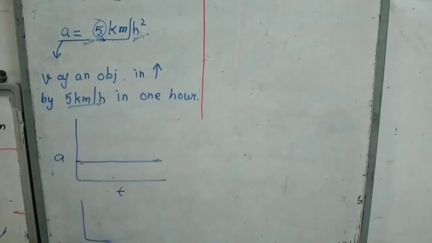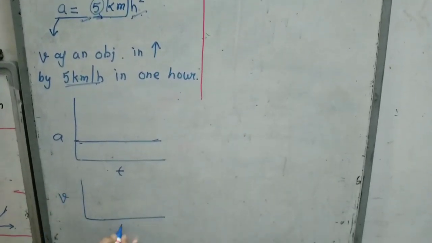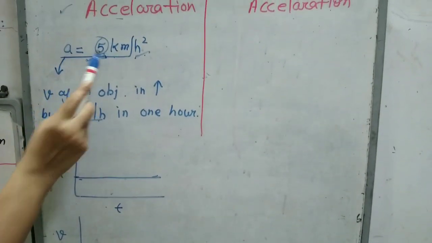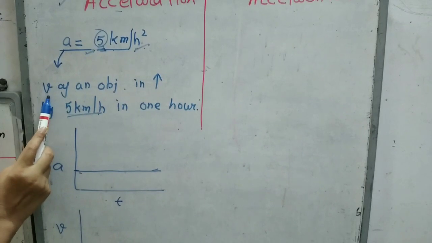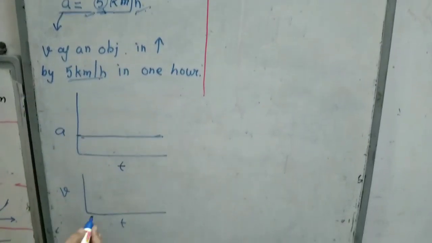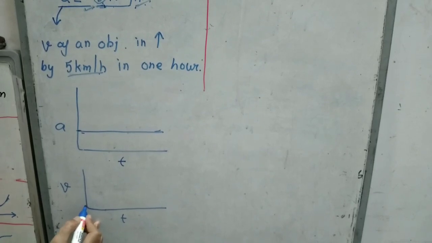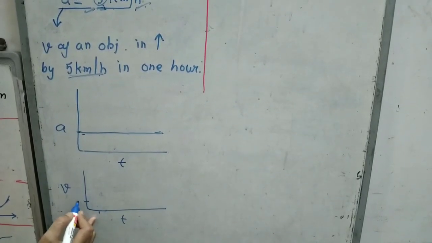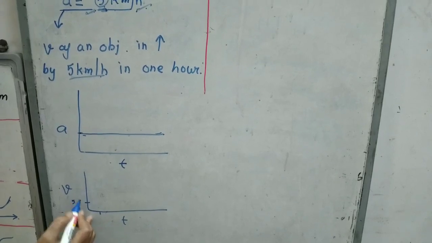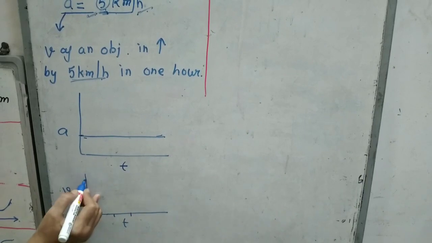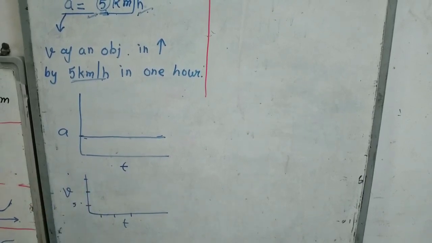But now if we want to draw the velocity time graph of uniform acceleration, as the acceleration is uniform, that means velocity is increasing at a constant rate. So as the velocity is increasing, in the first hour the velocity is 5 km per hour, second hour the velocity will be 10 km per hour, third hour the velocity will be 15 kilometer per hour.